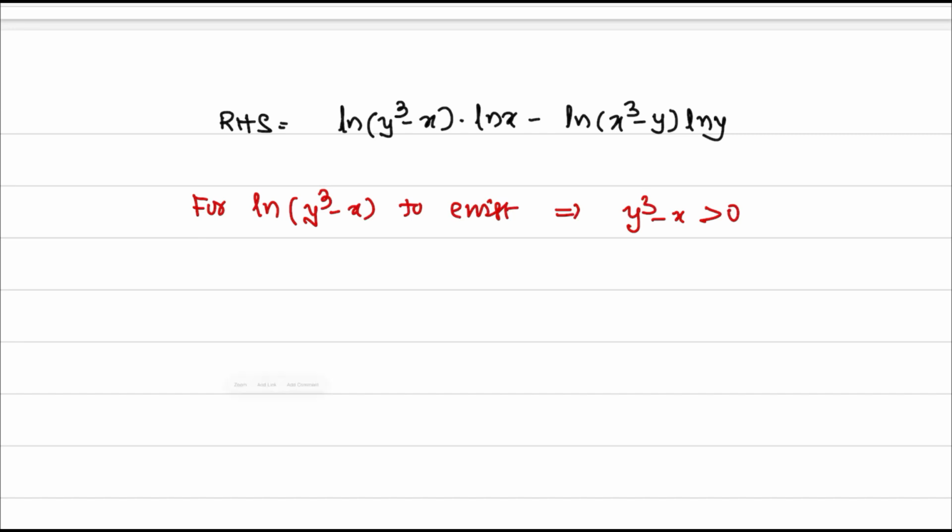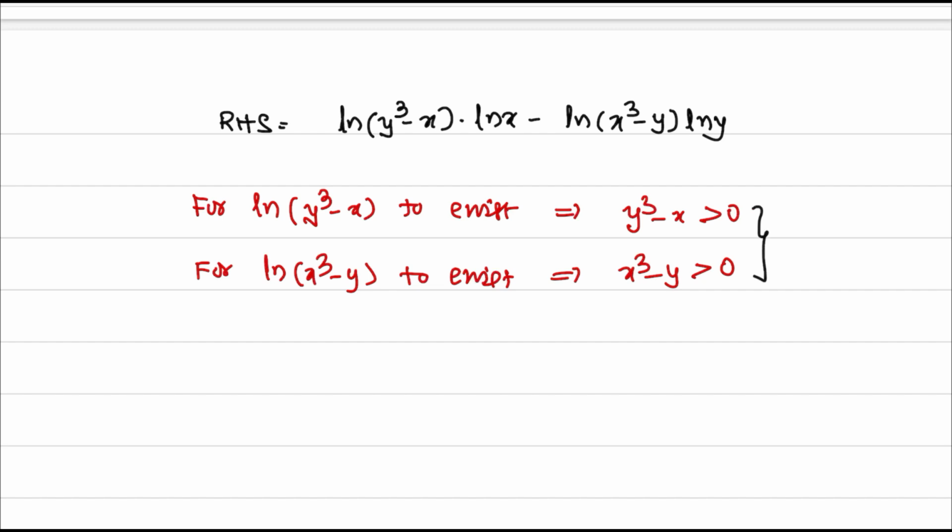Similarly, for ln (x cube minus y) to exist, that implies x cube minus y should be greater than 0. Both these are in the same equation, and both should be simultaneously satisfied.